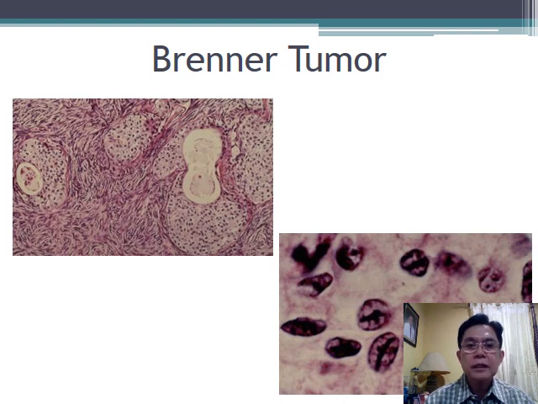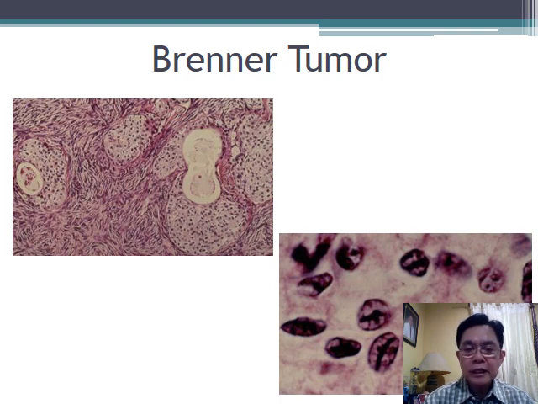The transitional epithelial cells of Brenner's tumors are characterized by a relatively uniform population of stratified cells with ovoid nuclei displaying clear grooves, related to the uroepithelium, and they are called coffee bean cells.